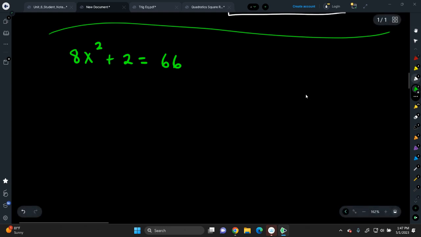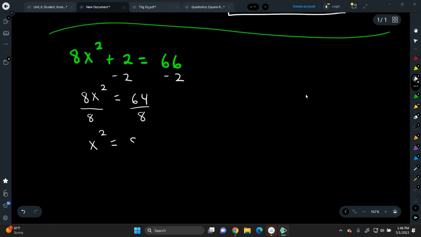Okay, let's subtract 2 from both sides. Good. We're going to subtract 2 from both sides, so we get 8x squared equals 64. And now we're ready to divide by 8 on both sides. So x squared equals 8.